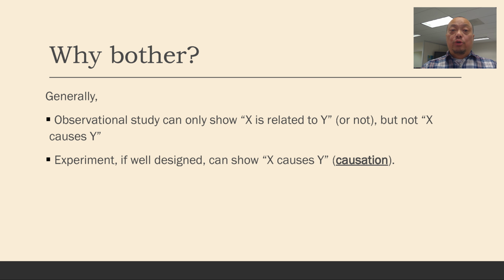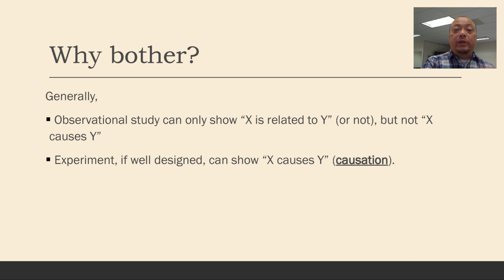If you're doing your own research and you're trying to prove something causes something else, you need to do an experiment. The word for X causes Y is causation. If you're not doing your own research, but you're reading someone else's research, you want to make sure they don't claim what they have not shown.